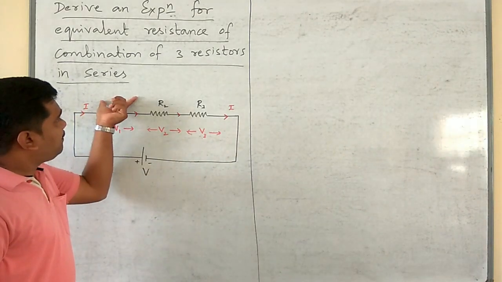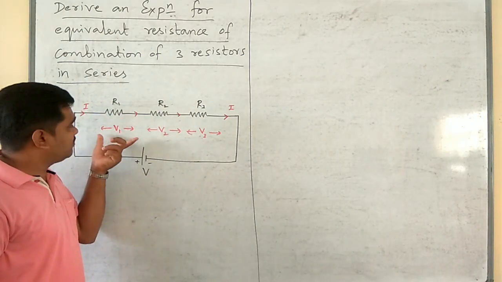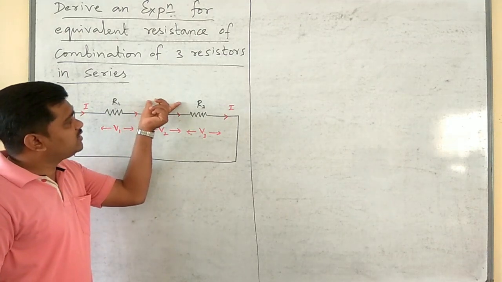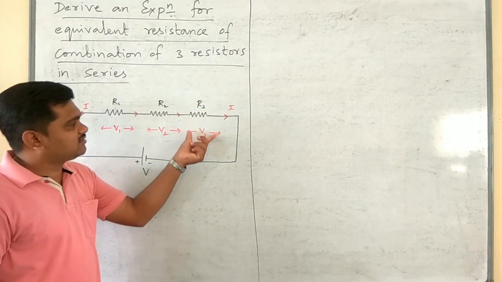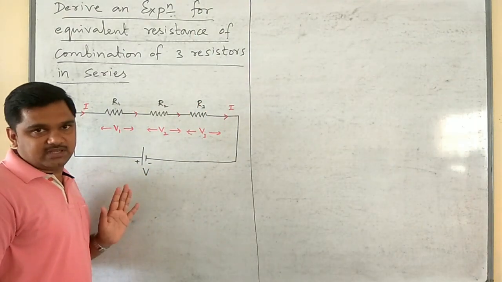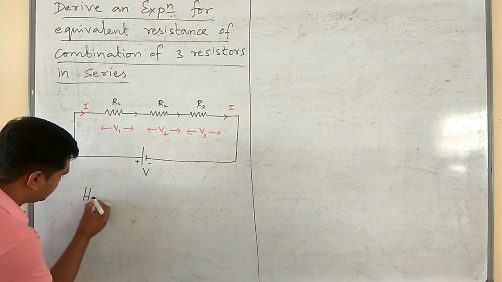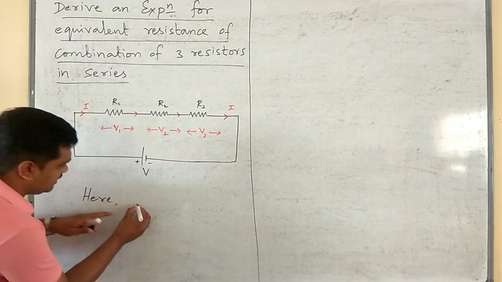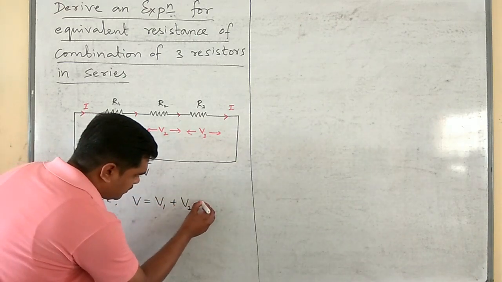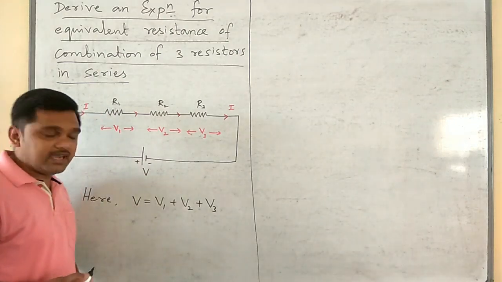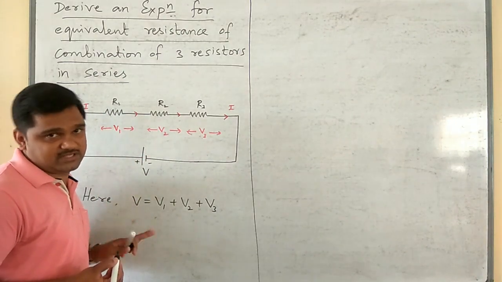Now the potential difference across R1 is V1, the voltage across R2 is V2, and similarly the voltage across R3 is V3. The first must-write sentence: V is equal to V1 plus V2 plus V3. This equation we have to consider first.